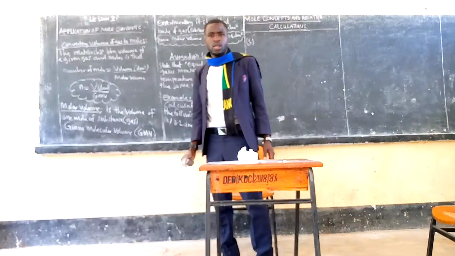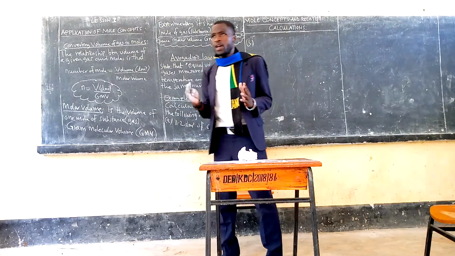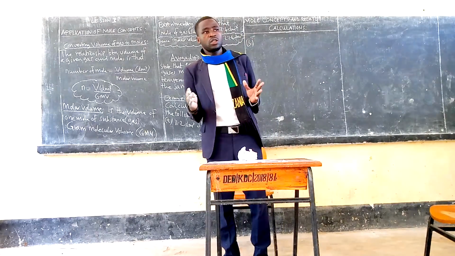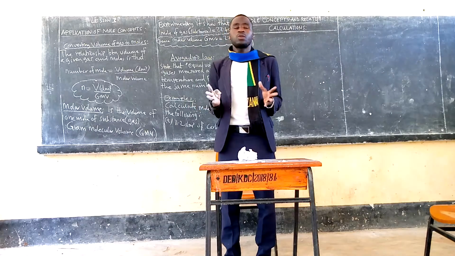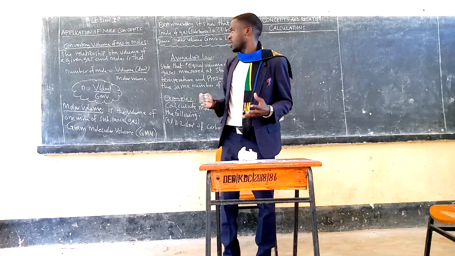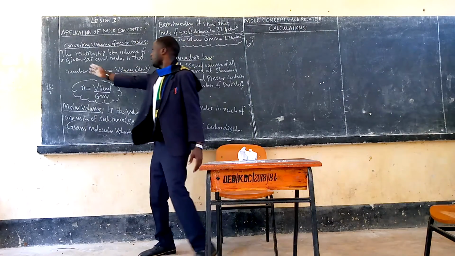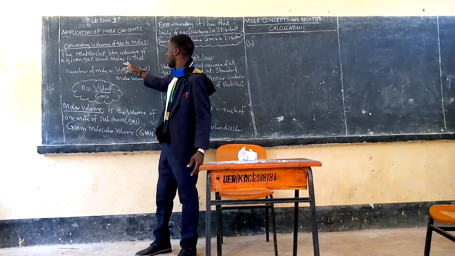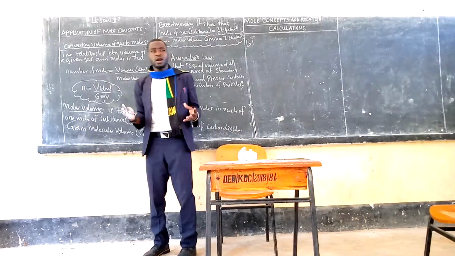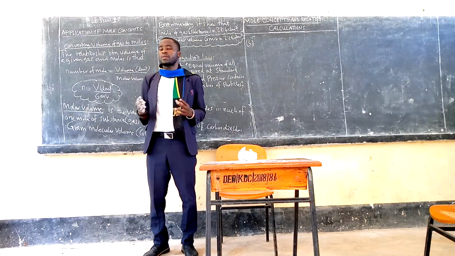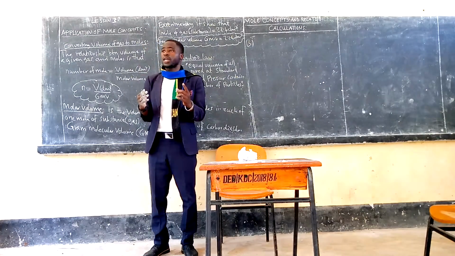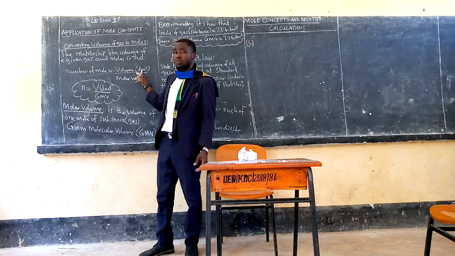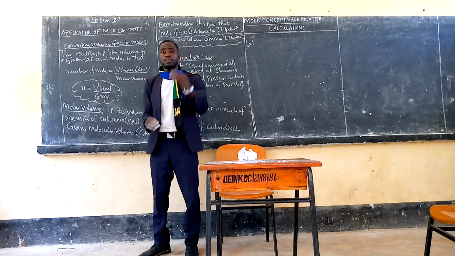gas to moles. So, before going further, we need first to understand the relationship between volume of a given gas and mole. Now, as you can see here, the relationship between volume of a given gas and moles is that number of mole equals volume of a given substance in decimeter cubic, a volume should be in decimeter cubic, divided by molar volume.